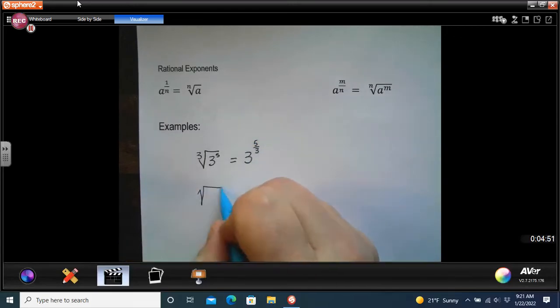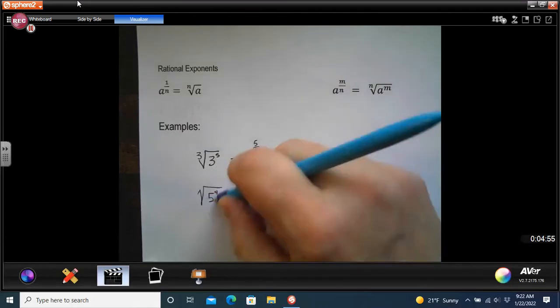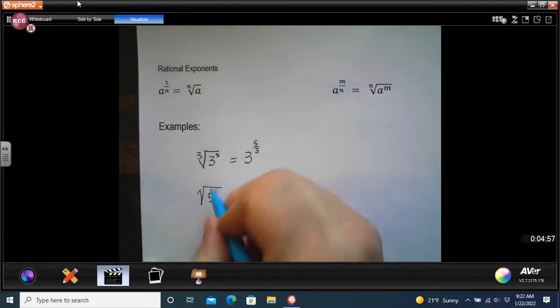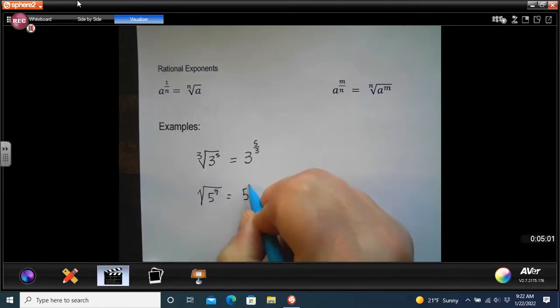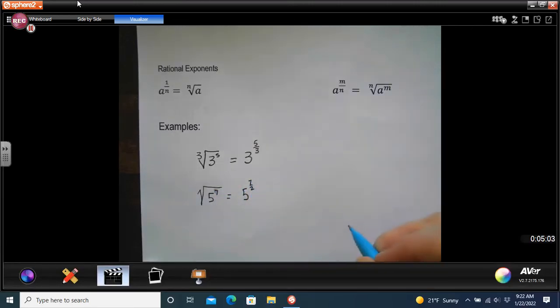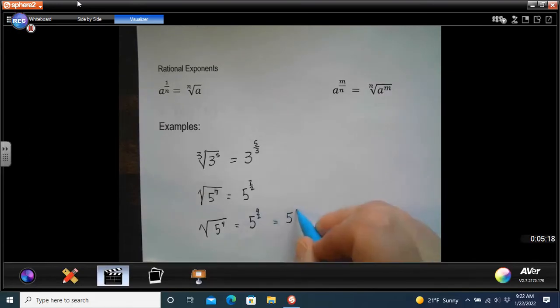Or the square root of 5 to the seventh power, then that is 5 to the 7 halves. The reason I went back on the square root of 5 to the 4th is because that would be 5 to the 4 halves, and technically we should reduce that fraction. 4 over 2 reduces.